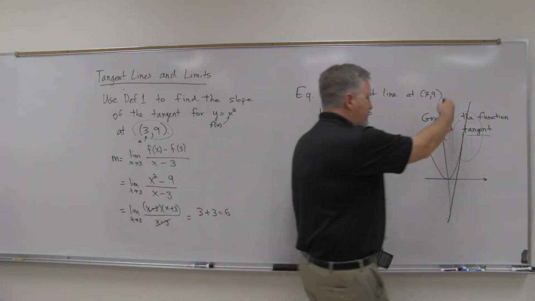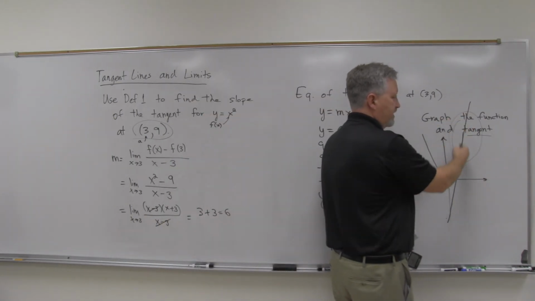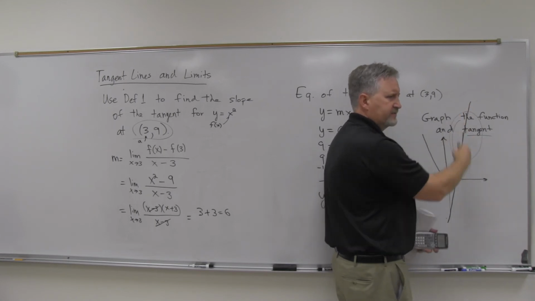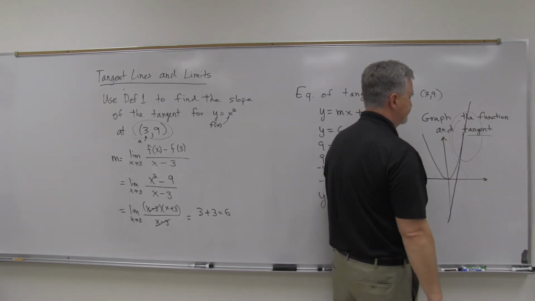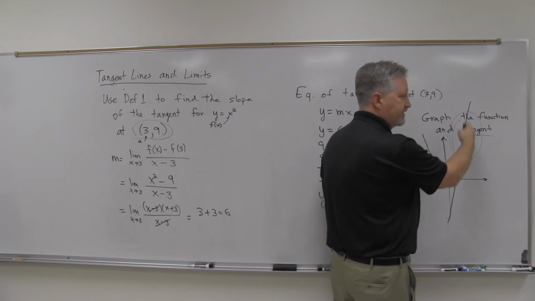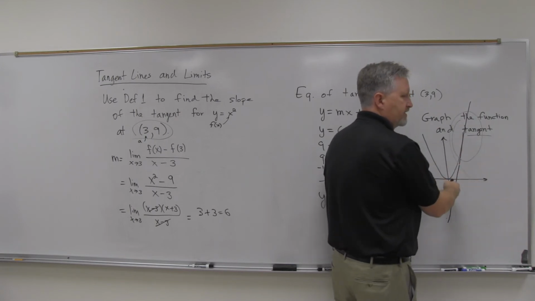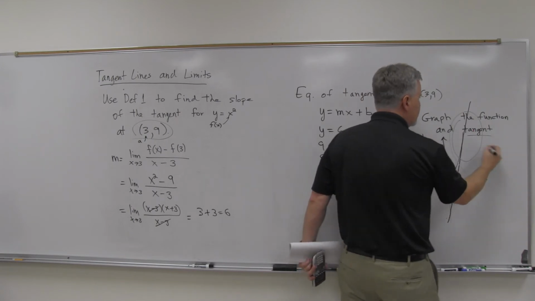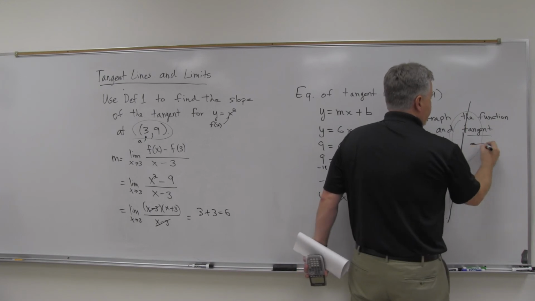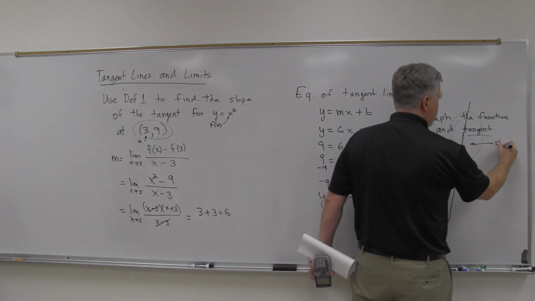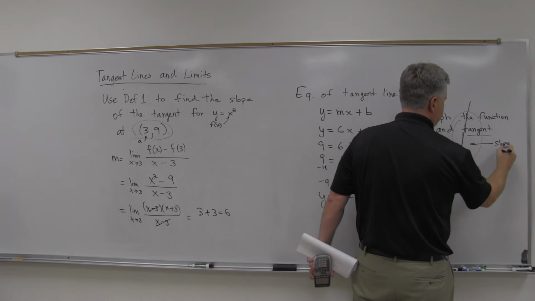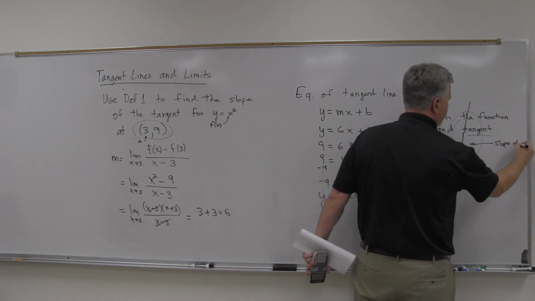Because in a way, the x squared parabola is kind of straightening out, if you will. I mean, it's more curvy down here, but the slope of the curve, so the slope of the tangent line, is 6 at 3, 9.